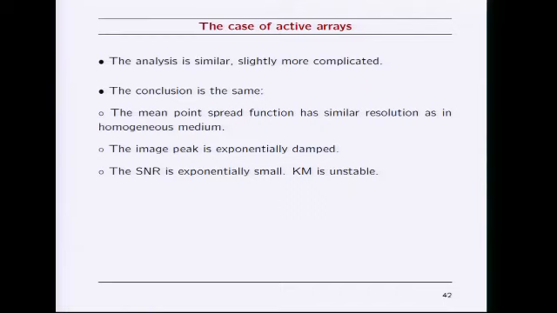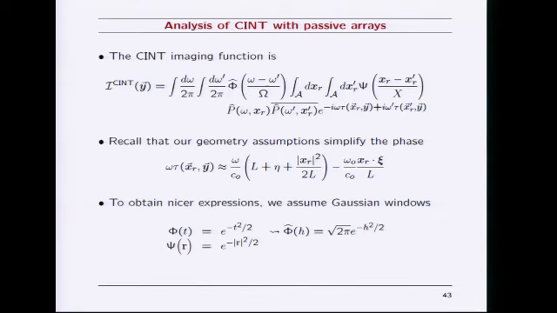Now, this was for the passive arrays. For the active arrays it goes the same way, but it's much more complicated because you have two phases and so on. Now let's look at coherent interferometry. The coherent interferometric function is quadratic in the data, and you can already see why this is a good idea.